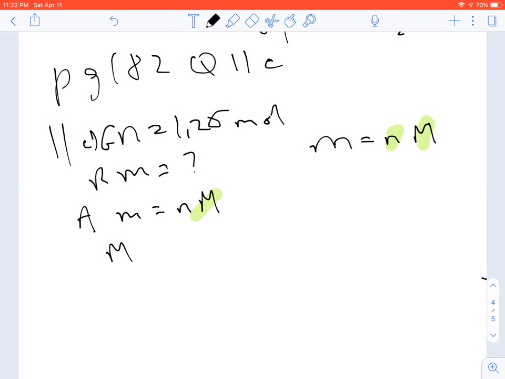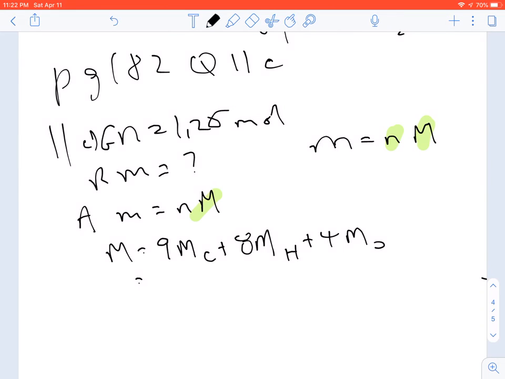So big M for aspirin. Aspirin, it tells me, is C9H8O4. C9, so I need 9 times the molar mass of carbon plus 8 times the molar mass of hydrogen plus 4 times the molar mass of oxygen. Right, let me fix this up here. Molar masses.